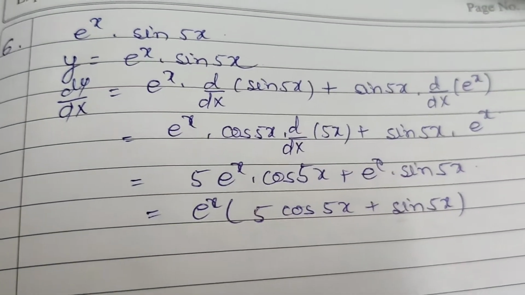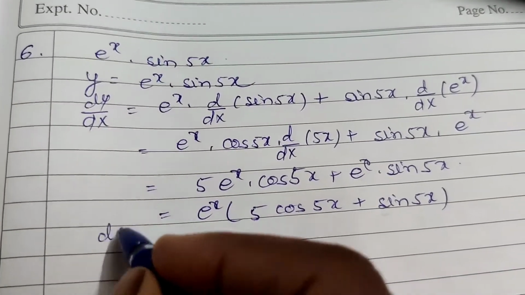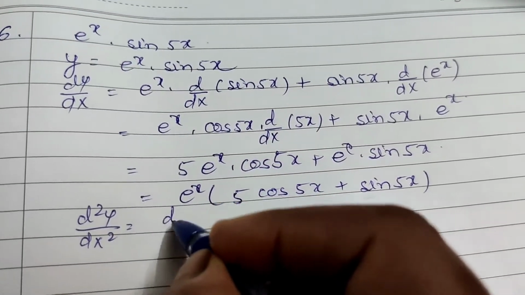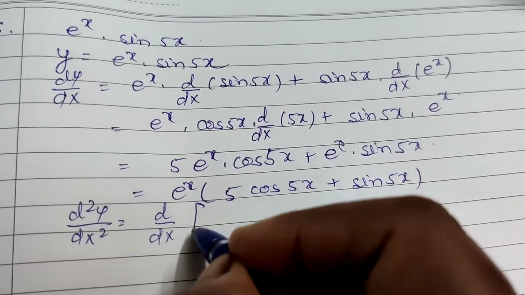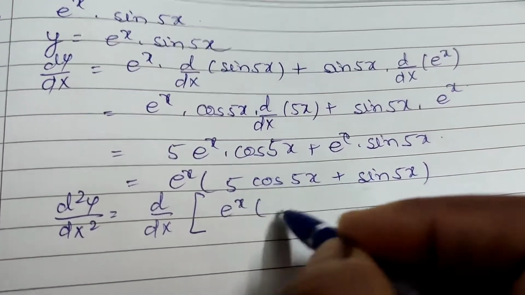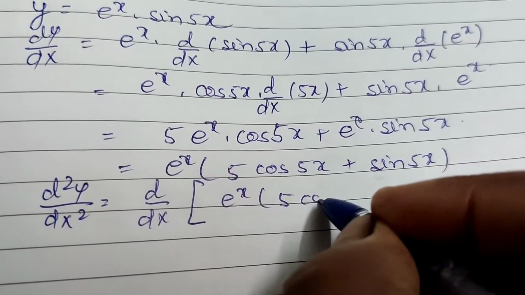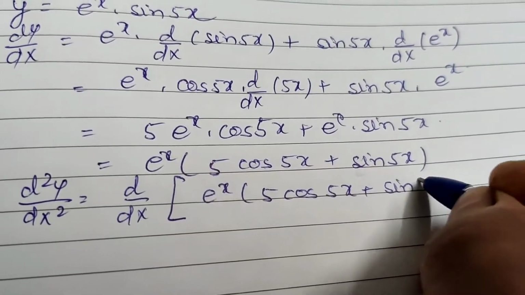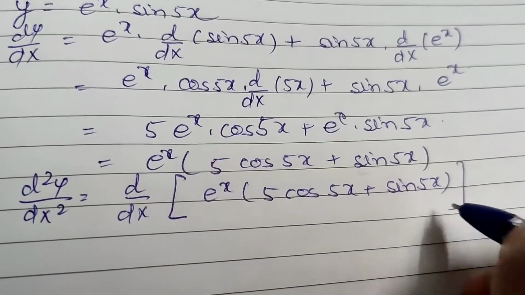Now again differentiation, d2y over dx square. It means differentiation of e raised to power x times (5 cos 5x plus sine 5x).